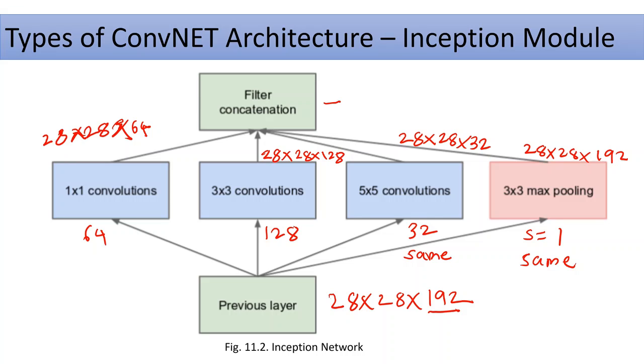Now what we do is we concatenate all these outputs, this plus this plus this plus this, that is the total 4 outputs we are going to concatenate. So the final feature map we are going to get will have the size 28 by 28 by the addition of this, this, this, and this.